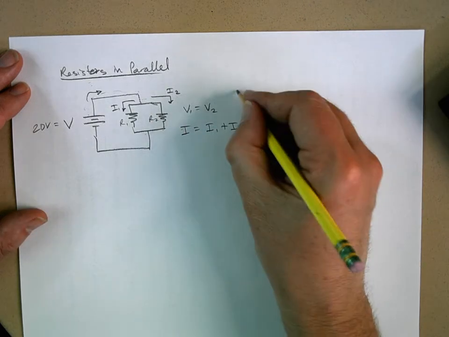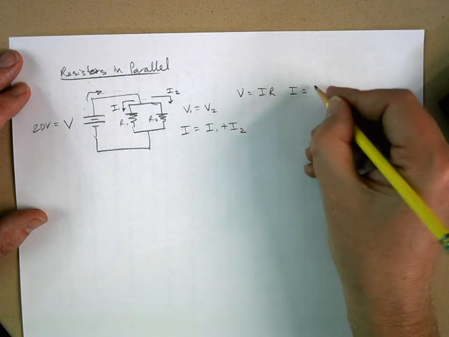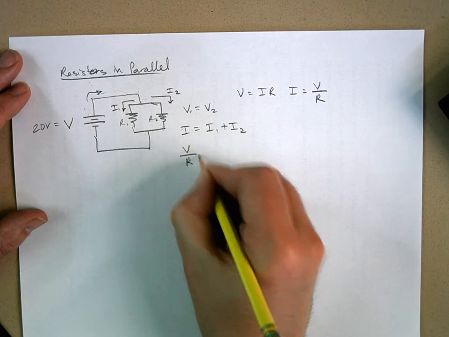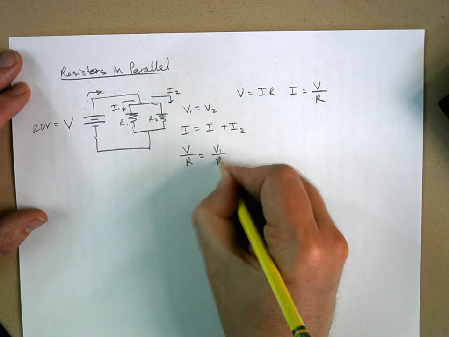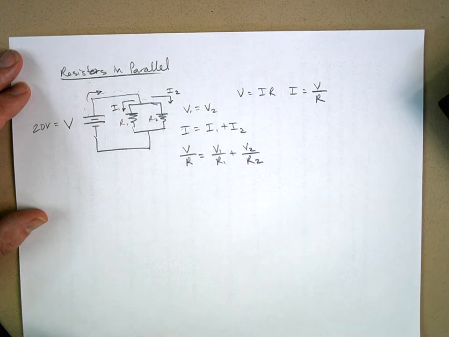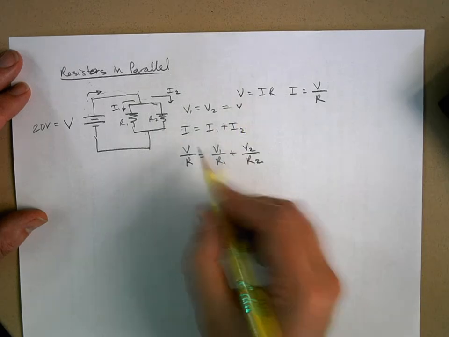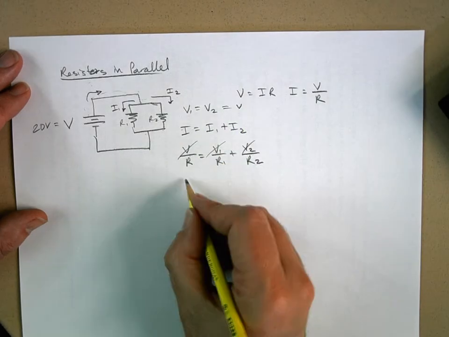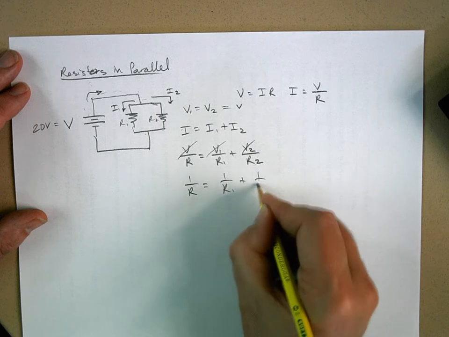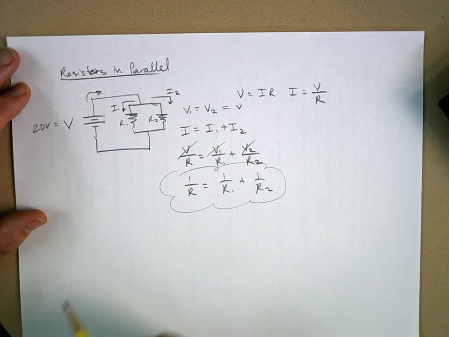V equals IR, so I equals V over R. So this is V over R, and this is V1 over R1, and this is V2 over R2. Voltages are the same, so they cancel out, and you're left with 1 over R equals 1 over R1 plus 1 over R2. And this is the equation you use for resistors in parallel.